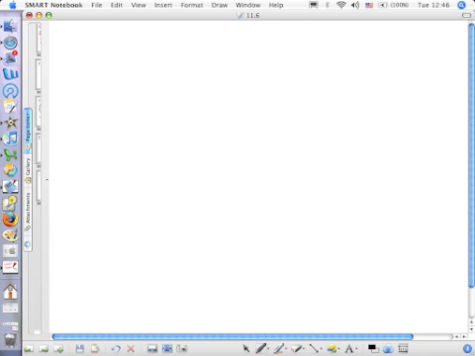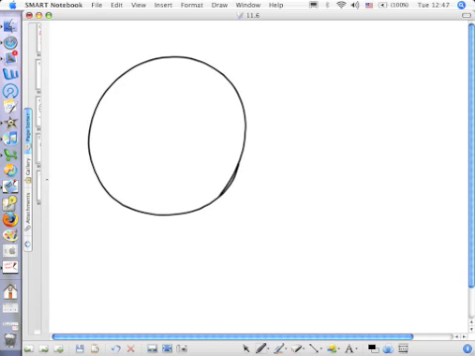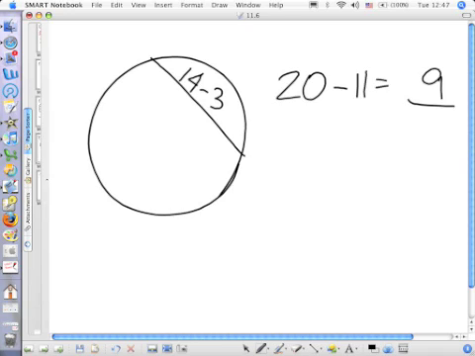Suppose I had said the area of my whole circle was 20, and the area of this was 14 minus 3. Well, what is 14 minus 3? 11, right? So it's 20 minus 11, which is 9.